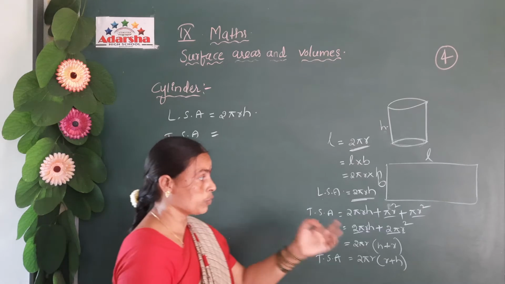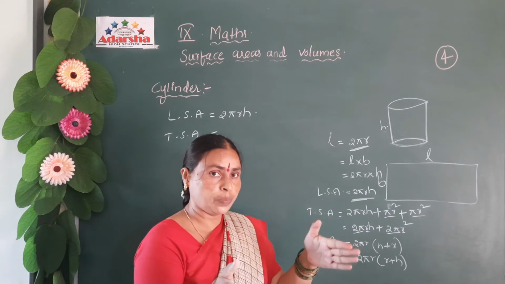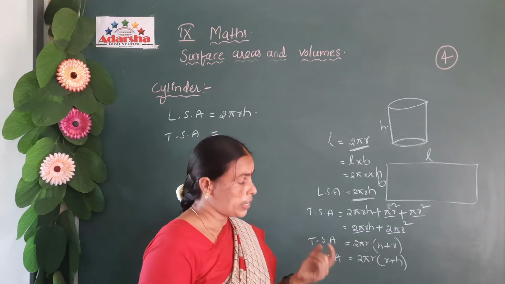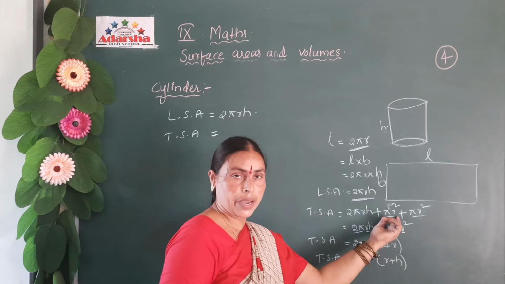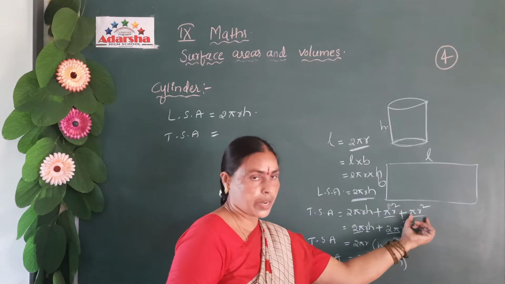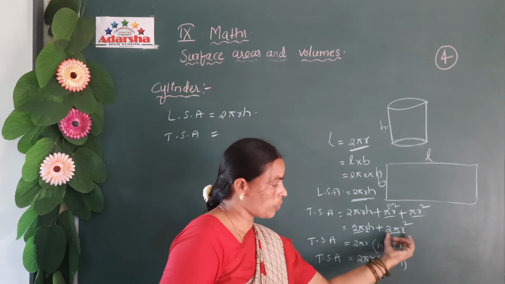The curved surface area we got is 2 pi r h. If you include the two circular faces, it becomes the total surface area. Each circular face area is pi r square, and there are two, so 2 pi r h plus pi r square plus pi r square, that is 2 pi r square.